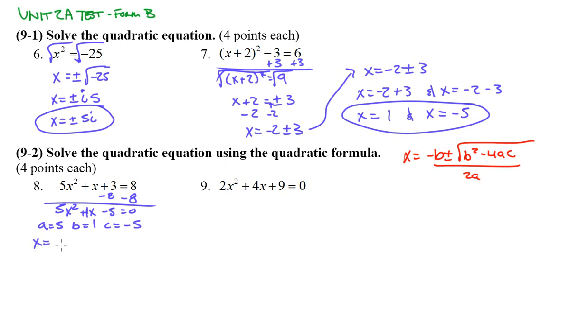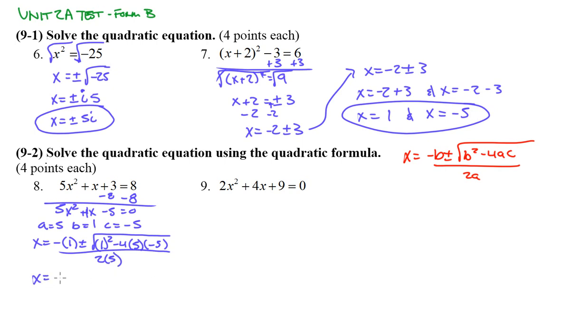So we get x equals negative b, which in this case is negative 1, plus or minus the square root of b, which is 1 squared, minus 4 times a, which is 5, times c, which is negative 11, all over 2 times a, which is 2 times 5. Okay?